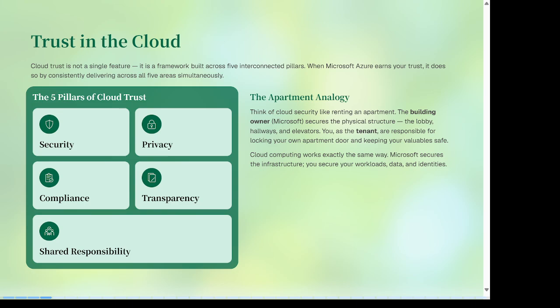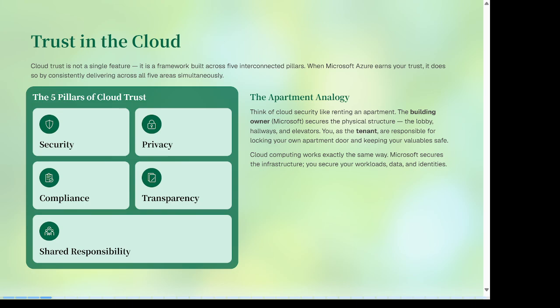But once you are inside your apartment, who is responsible for locking your front door? You, right? Who decides whether to leave valuable items lying around? It's you only, right?